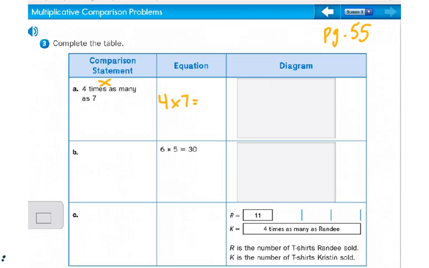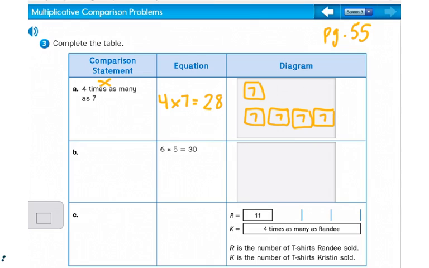What is 4 times 7? It is 28. What would that look like in a diagram? Well, we would take 7 and we would do 4 times as many. So we need that 4 times. That's what it would look like as a diagram or a picture.